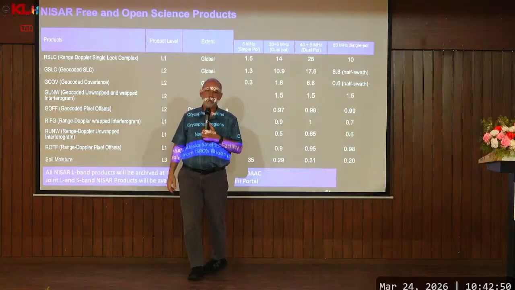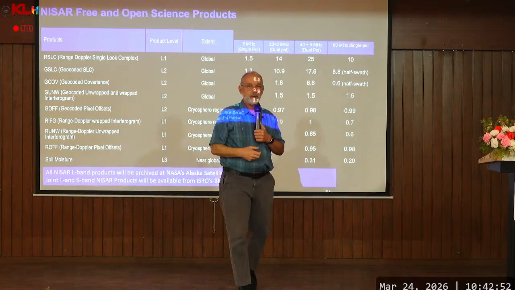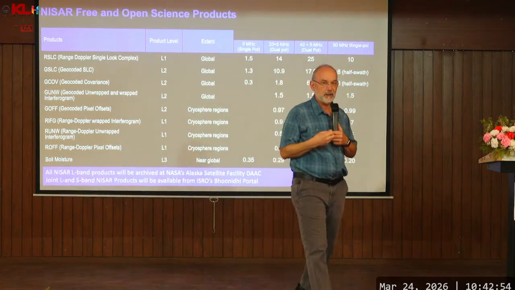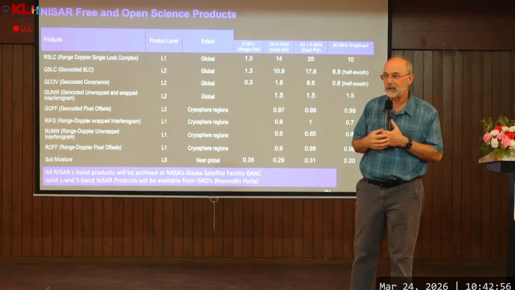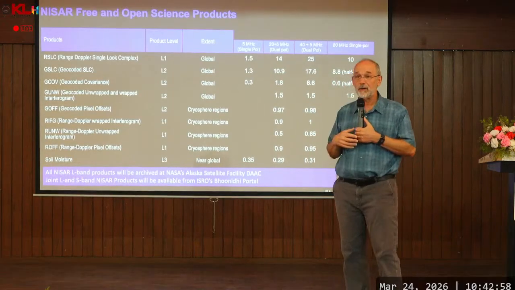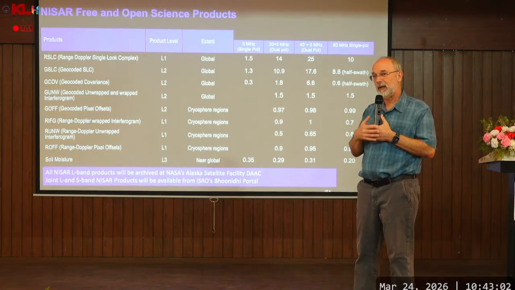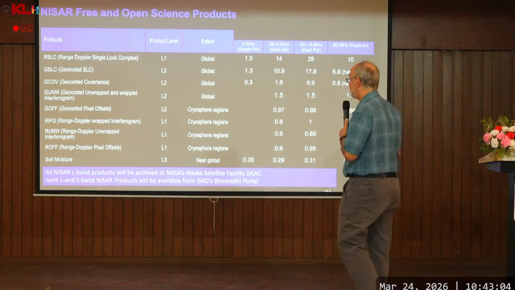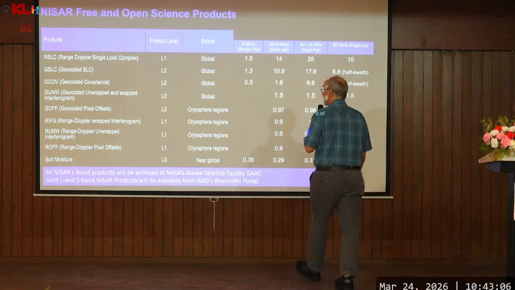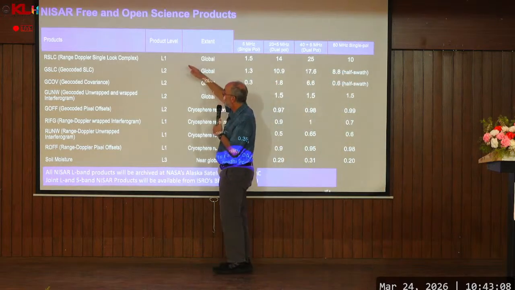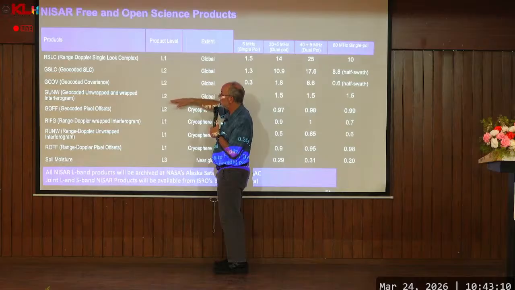Some of these are complex number products, the SLCs, the single look complex images. Some of them are detected, averaged, multi-looked, and multi-layered products. But you can see which ones are level 1 and which ones are level 2.